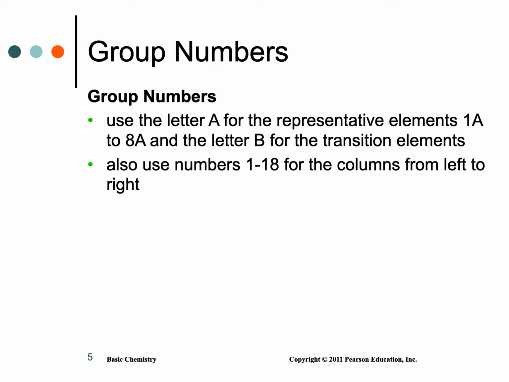What that means is that the first 2 and the last 6 groups have something very in common, and that is that the valence electron is beginning to fill from 1 through 8.